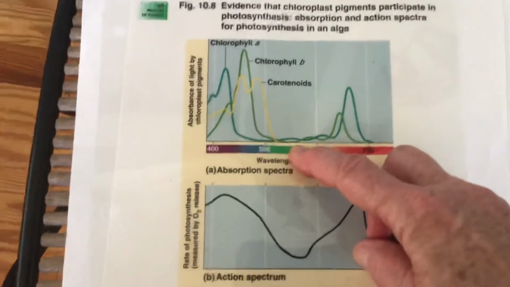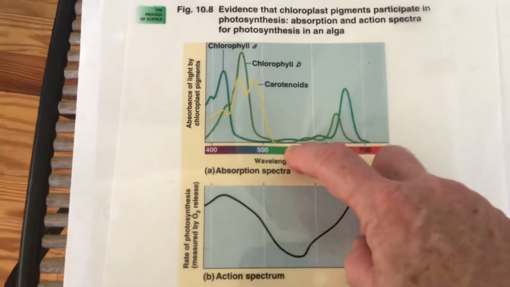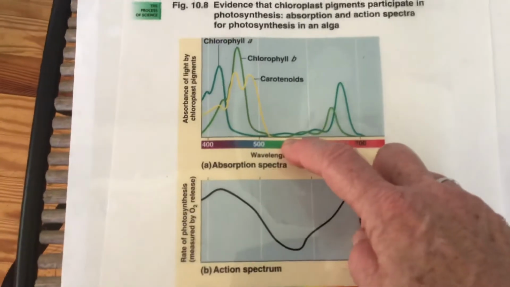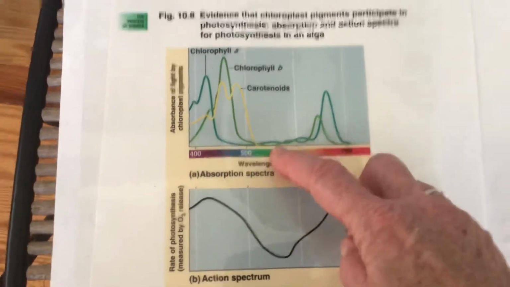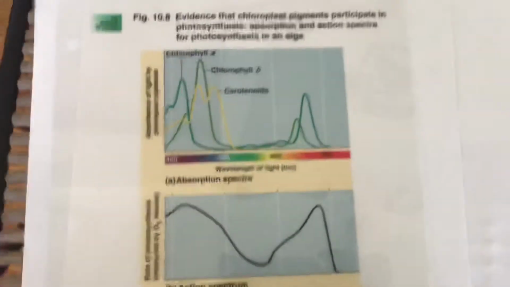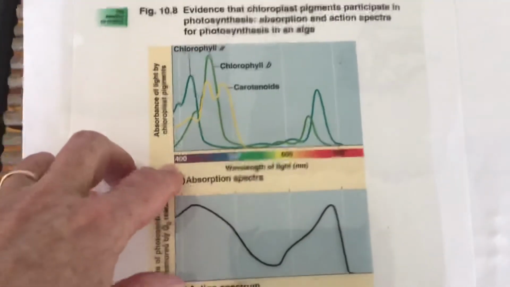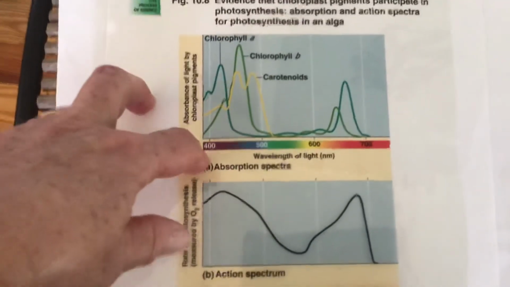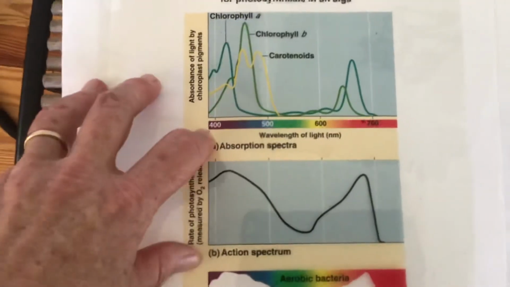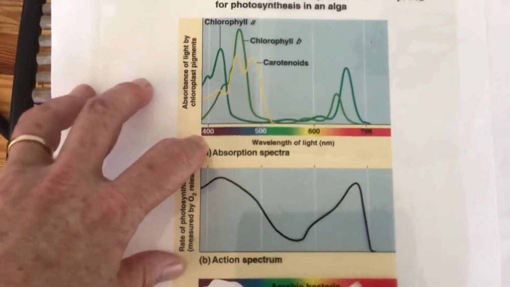So the color that they are absorbing is not the color that they are reflecting, and therefore not the color that they appear. Things that are white are reflecting all the colors of visible light, not divided into their components. And something that is black is absorbing all the colors.